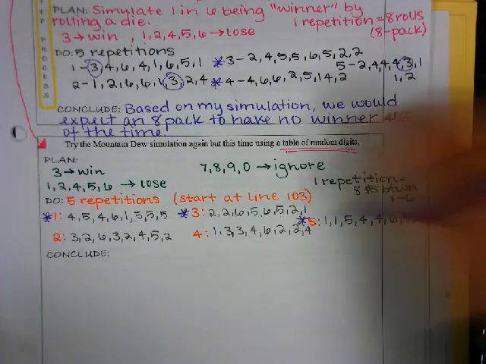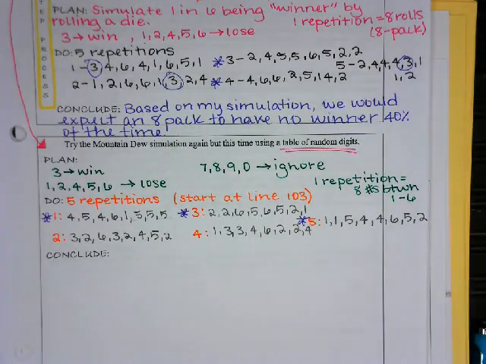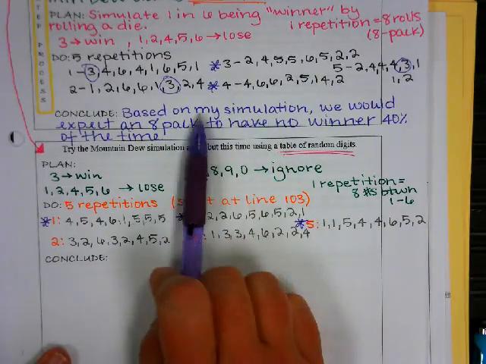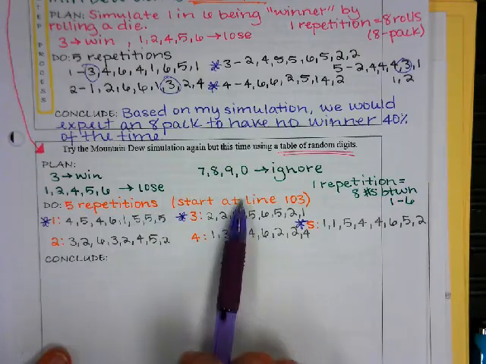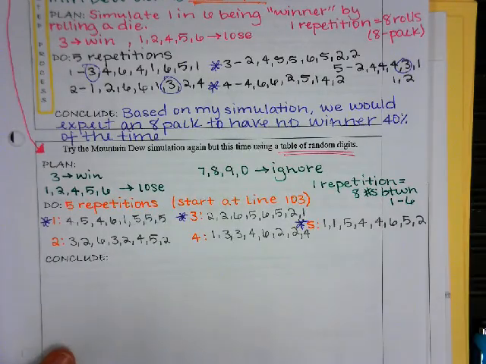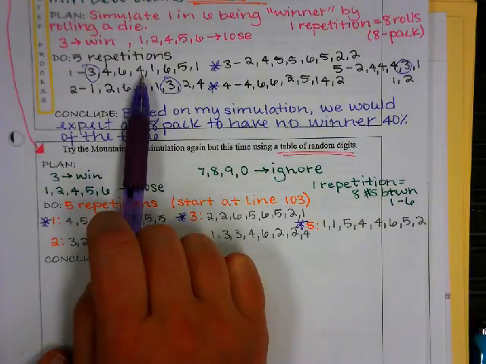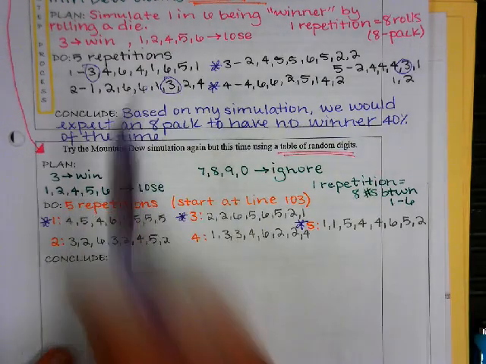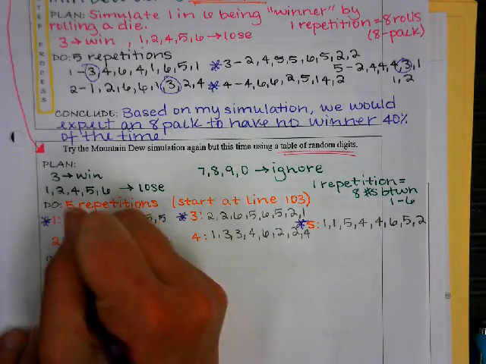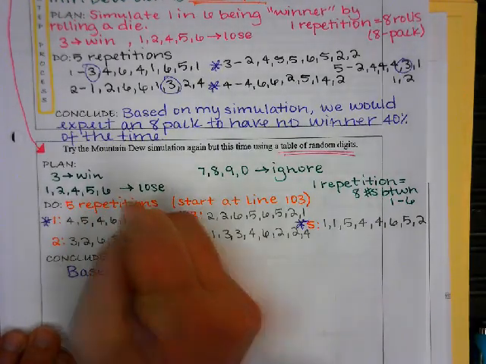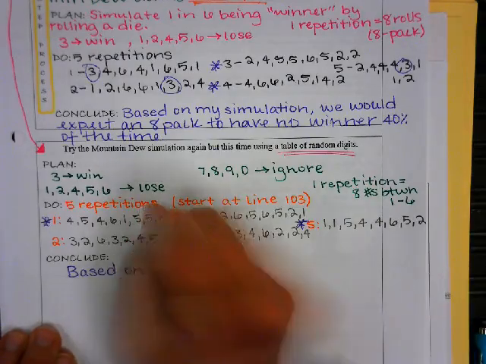So for my conclusion, remember, since we used a table of random digits, this time we would all get the same answer. Up here with the dice, we would have each had different answers. Either way, our conclusion is based on our simulation, so that's how we're going to start our conclusion.